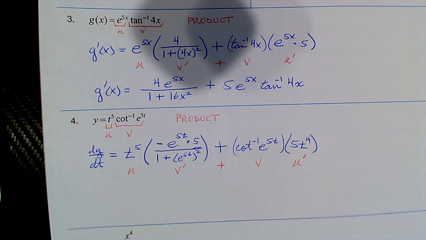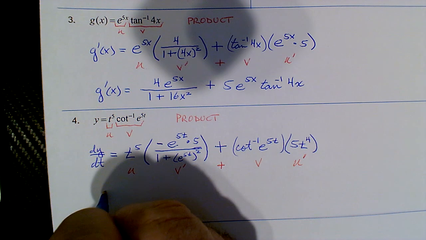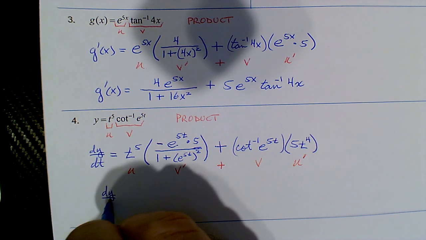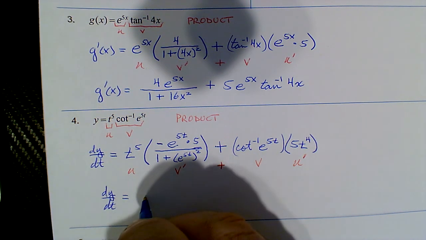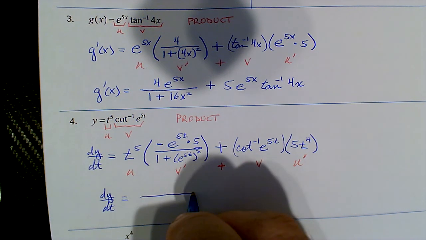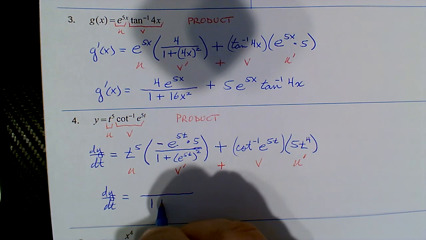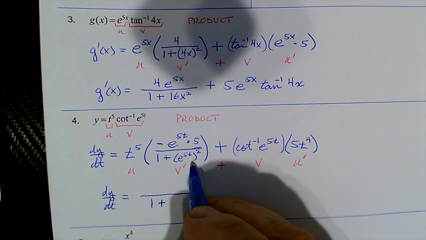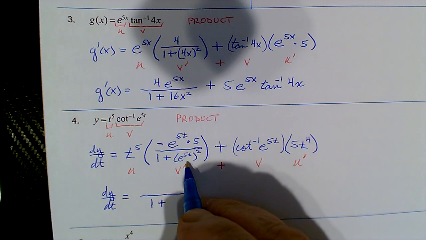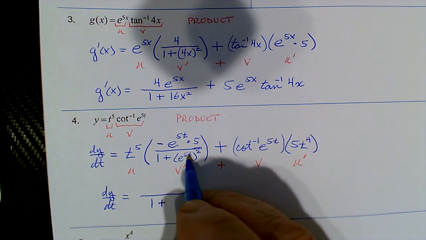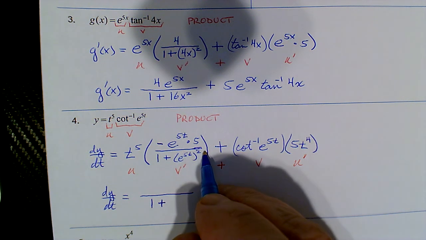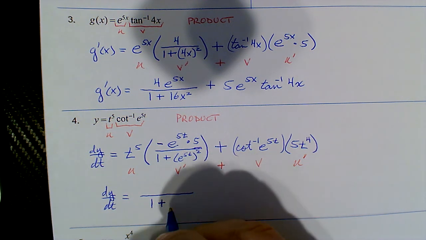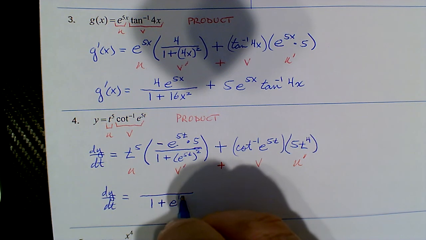Okay, and then we'll clean this up, make it look a little more respectable. dy dt would then be equal to, okay, as a single fraction in the denominator, we'll have 1 plus, okay, square this e to the 5t, just behaves like any other base. You take a power, you raise it to a power, and you're going to multiply the exponents, so that should be e to the 10t.